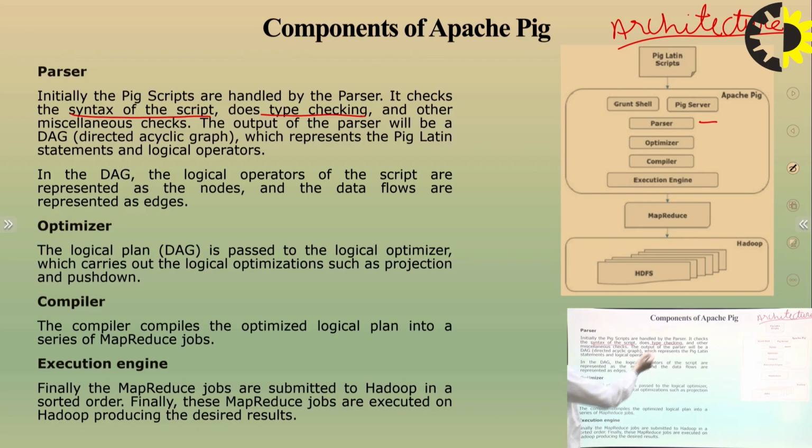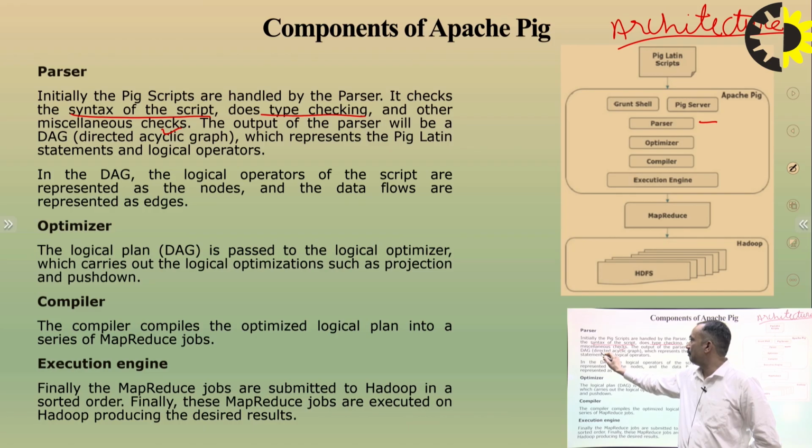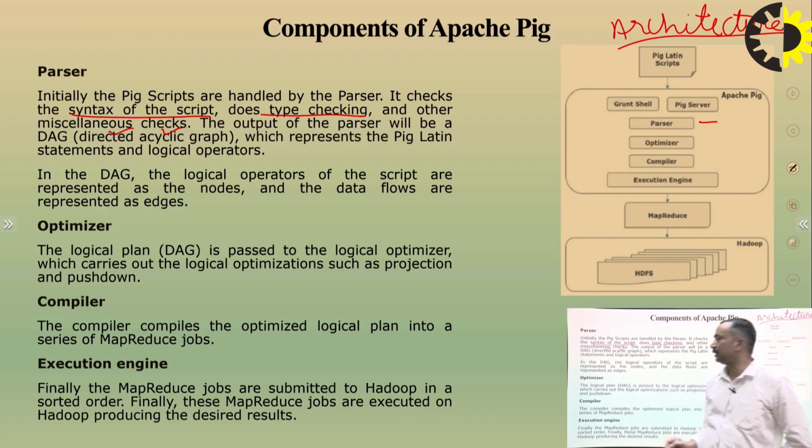The output of this parser will be a directed acyclic graph, or DAG. A directed acyclic graph is a graph that is directed and does not contain any cycle. Acyclic means no cycle, directed means it has a direction, and it's a graph.